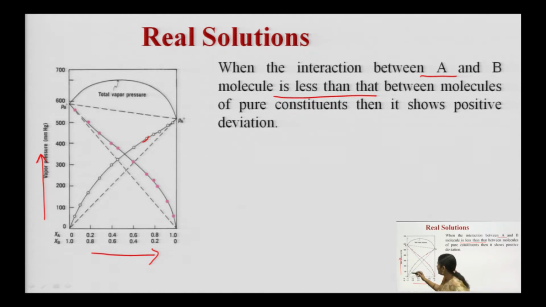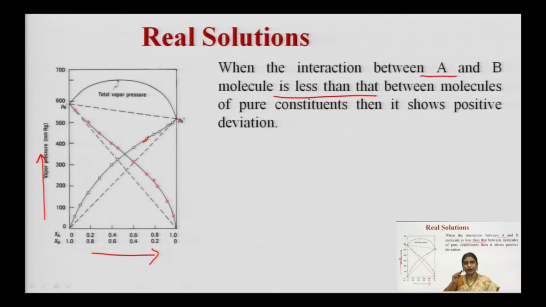Here is the vapor pressure of B and here is the vapor pressure of A. As the amount of A increases and it is added to B, we can see that the vapor pressure of B is increasing. Vapor pressure increasing means its escaping tendency increases.